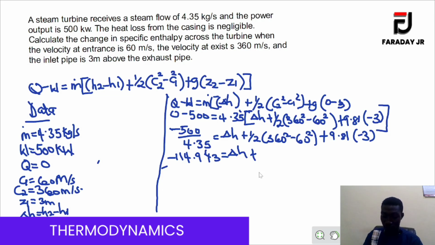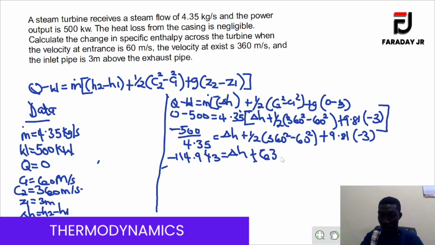So let's do it together. We have 360 squared minus 60 squared, then divided by 2. We're going to get 63,000. Since we have 63,000, that means it's in kilo form. Don't forget that.